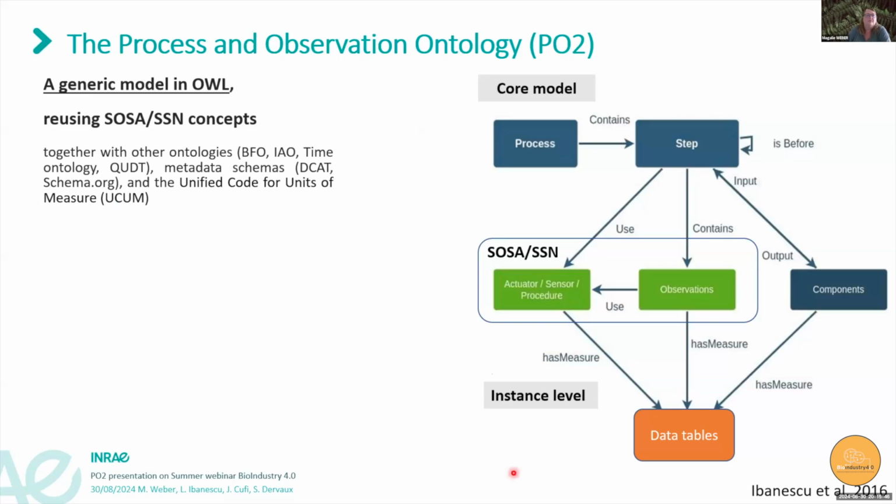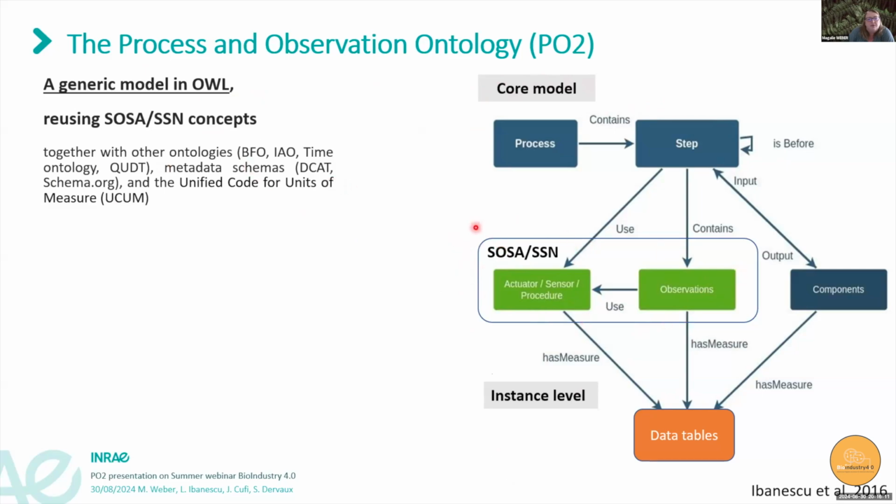So now I will show you the process and observation ontology. This is a very simplified view. The ontology is a generic model in OWL, the semantic web standard for ontology. And we are reusing SOSA-SSN concepts here, symbolized in green.